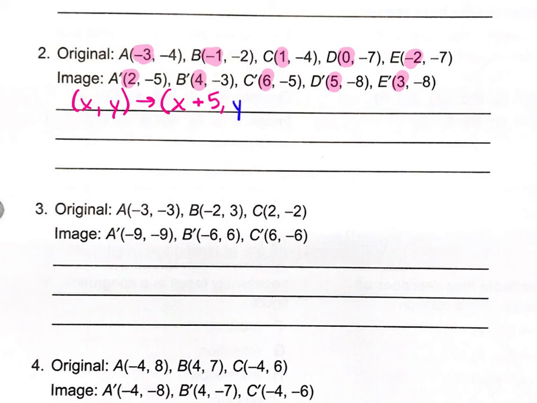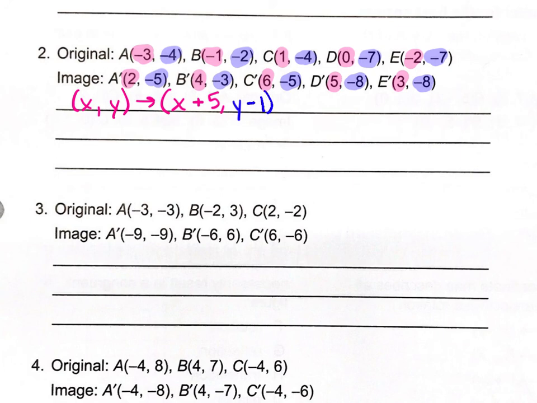So for y, we go from negative 4 to negative 5, negative 2 to negative 3, negative 4 to negative 5, negative 7 to negative 8, negative 7 to negative 8. Once again, this has to be a translation already because the x was translated. So what we see is it's either adding or subtracting the same number every time, and the y is getting smaller, so it's subtracting 1 every time.